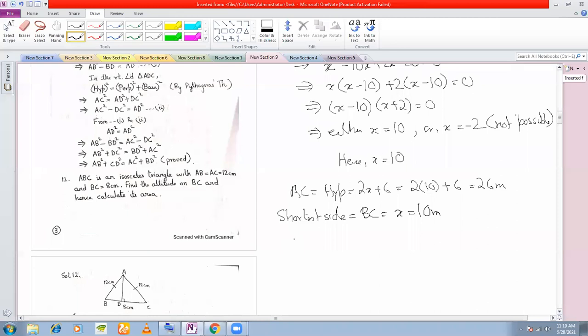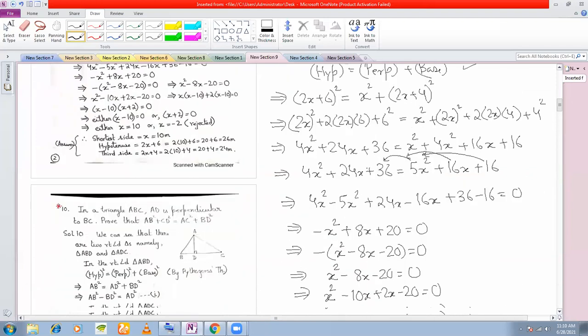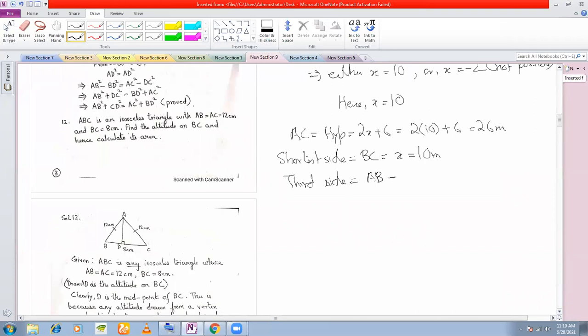And what is the third side? Third side here is AB, which is 2x plus 4. That's it. 2 into 10 plus 4 is equal to 24, right? So these are the lengths. Note that this forms a Pythagorean triplet.